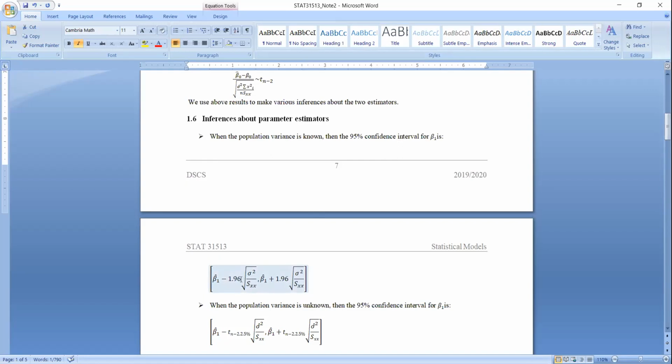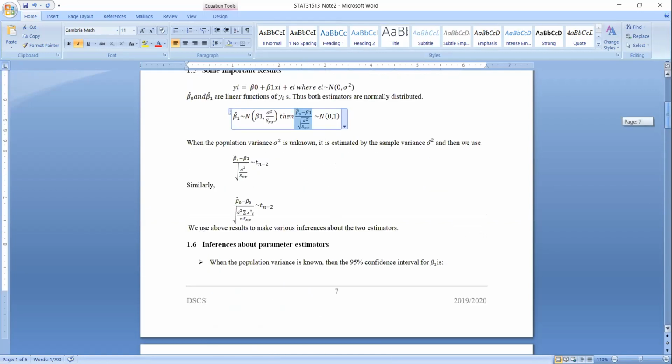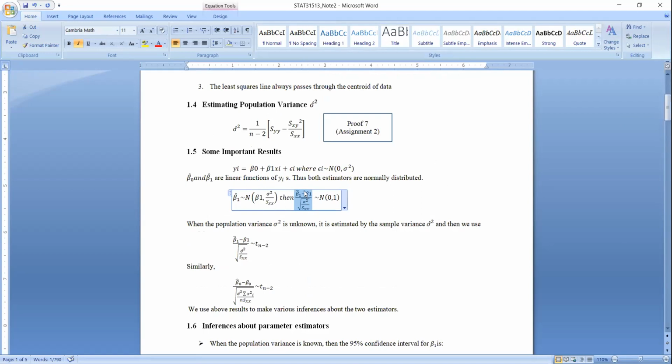Since we are calculating the confidence interval for beta 1, you keep only beta 1 in the middle of the two inequalities and put the other terms on the two sides to get the confidence interval.